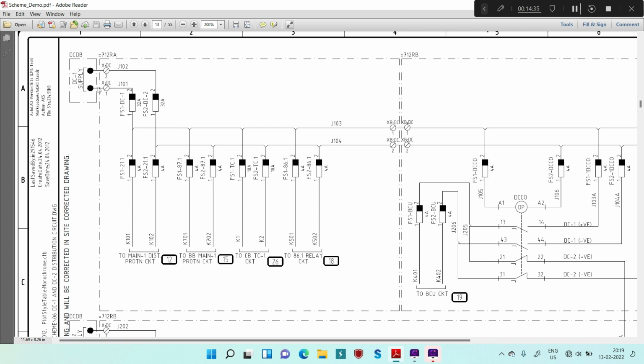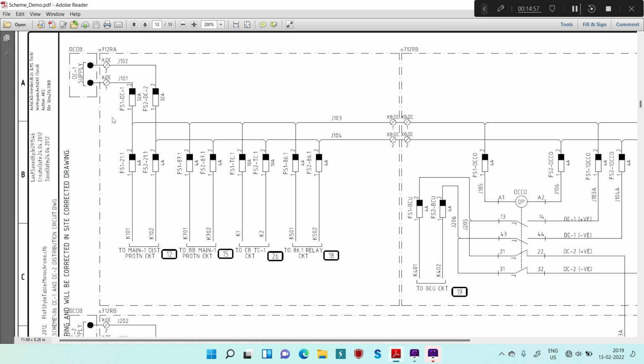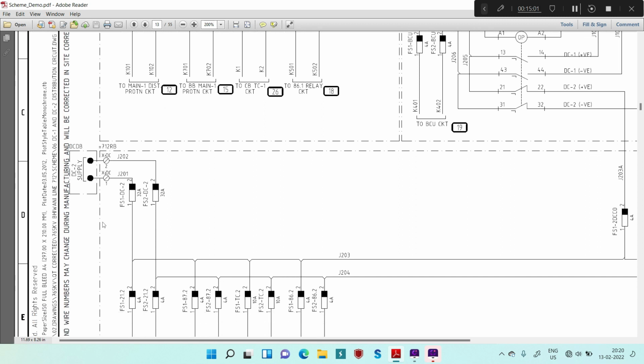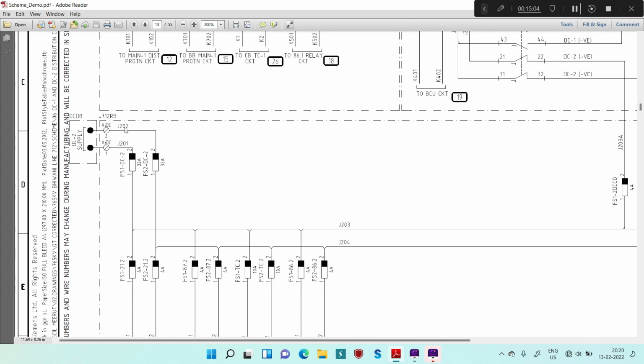This main DC supply is designated as J102 and J101. Another important thing: when J101 and J102 start with 1, that shows your DC source 1. Similarly, for source 2, it will start with 201 and 202. So if you see here, this 201 and 202 is basically for your DC source 2.